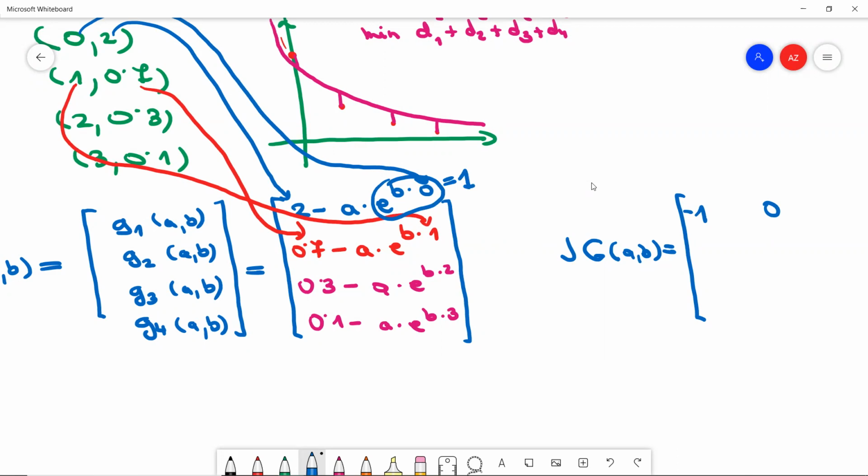Then in the other, I take the derivative with respect to a, and I get minus e to the power of b, and then minus a times e to the power of b when I take the derivative with respect to b, and the same for the other 2 functions. So minus e to the power of 2b, and minus a times 2 times e to the power of 2b, and minus e to the power of 3b, and minus a times 3 times e to the power of 3b.